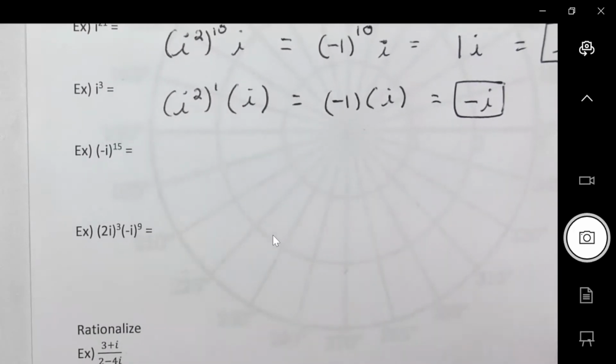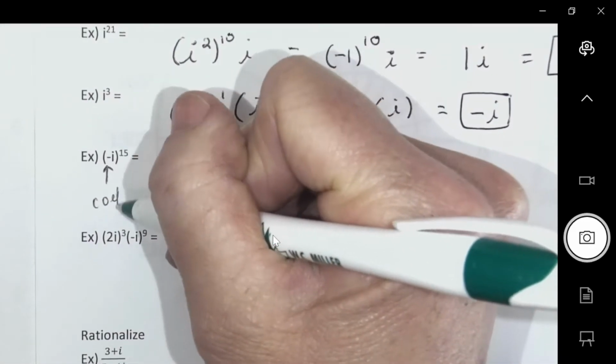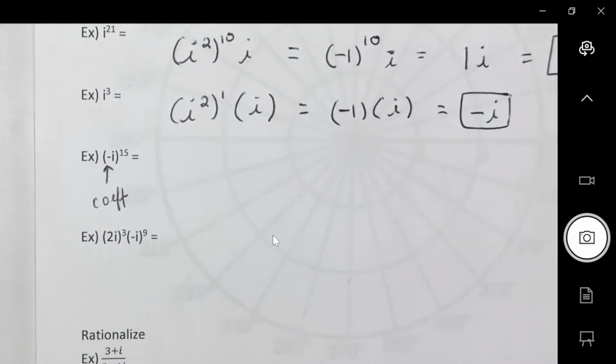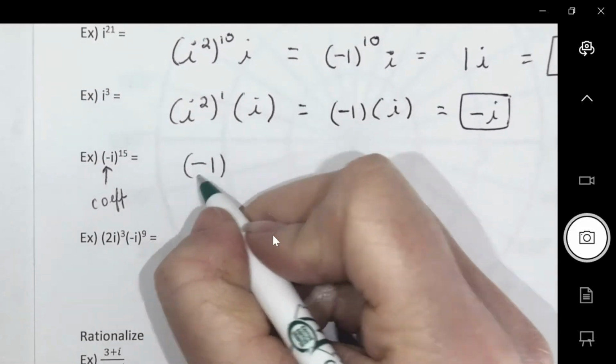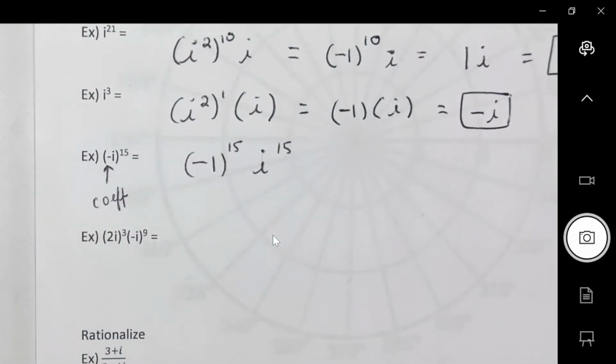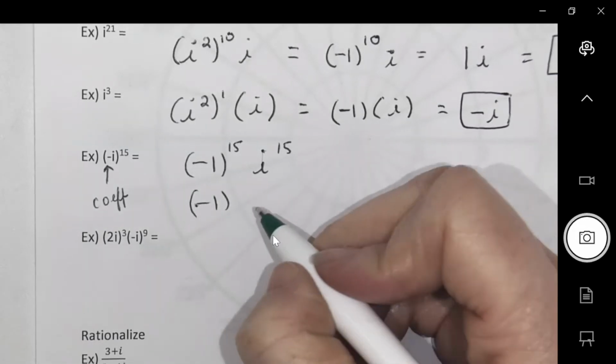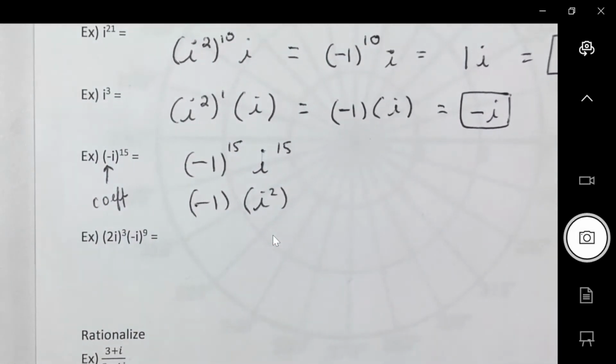Okay, now this one, this is a coefficient. So you're going to have to think about it as a -1 to the 15th and an i to the 15th, because you have to think about your coefficient doing that as well. That gets repeated 15 times as well as the i. So this would end up being, when it's all said and done, a -1. How many i squareds can we get out of that?